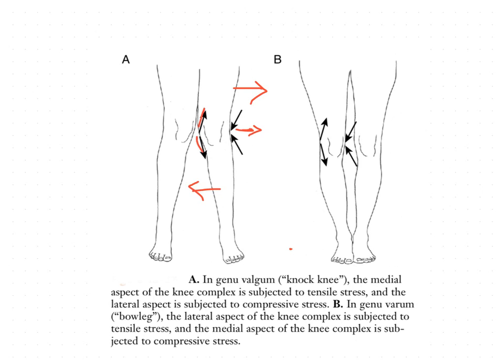So the medial aspect will have tensile stresses and the lateral aspect will have compressive stress. These abnormal stresses may cause atrophic changes in the medial meniscus and hypertrophic changes in the lateral meniscus.